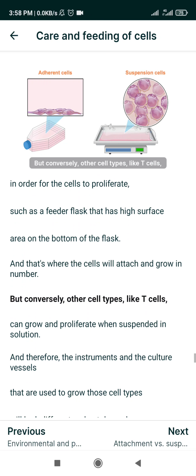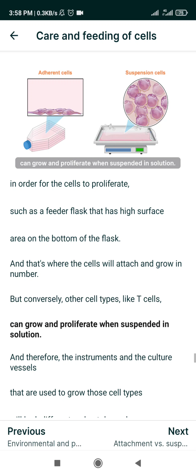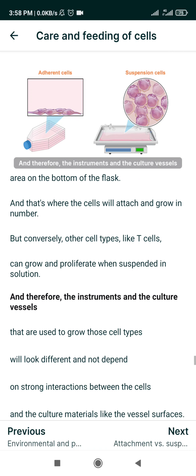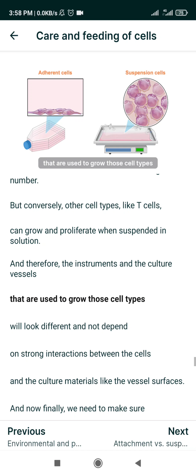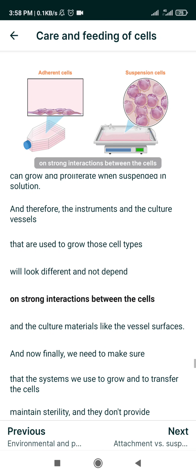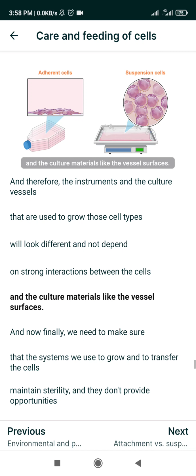But conversely, other cell types, like T cells, can grow and proliferate when suspended in solution, and therefore the instruments in the culture vessels that are used to grow those cell types will look different and not depend on strong interactions between the cells and the culture materials, like the vessel surfaces.